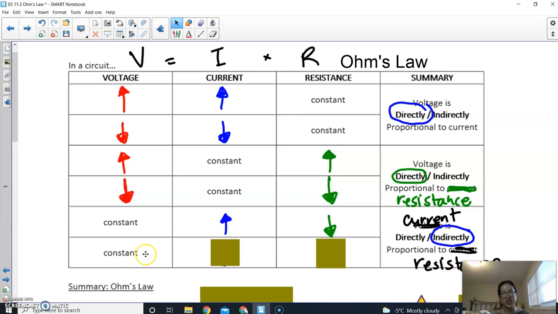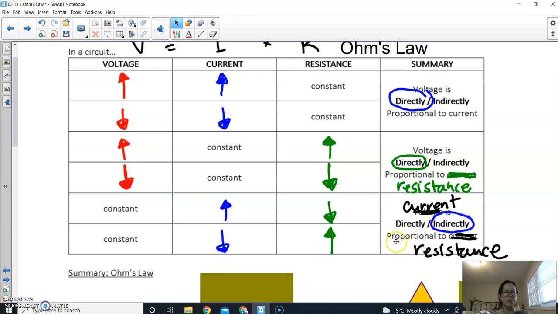Again, we're keeping the push the same, and if we lower the flow rate somehow, that means that the resistance must be increasing. Okay, so what we say is that current is indirectly proportional to resistance.